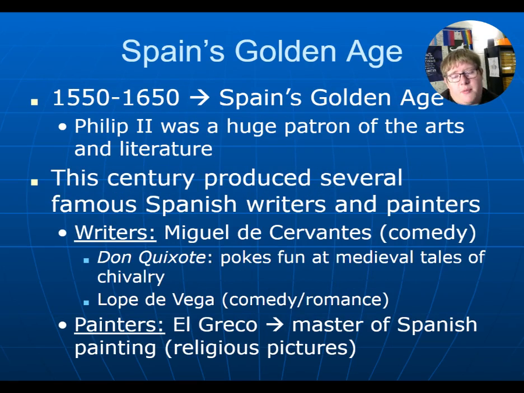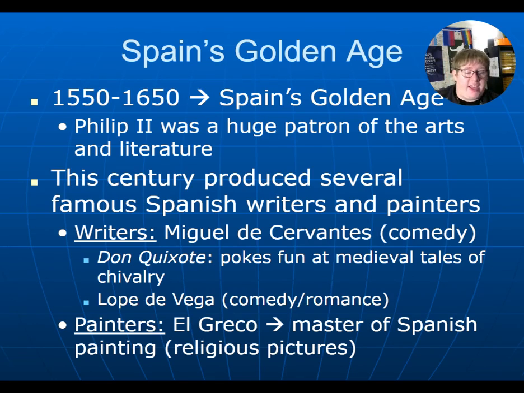So really when we talk about it, 1550 to 1650 is going to be Spain's golden age, with Philip II being a huge patron of the arts and literature. This century is also going to produce several famous Spanish writers and painters. In terms of writers, we have people like Miguel de Cervantes, who primarily wrote comedy, and one of his most famous works being Don Quixote, which pokes fun at medieval tales of chivalry.